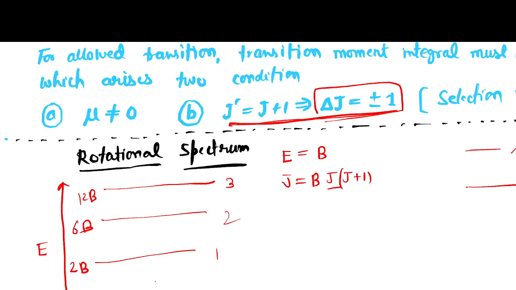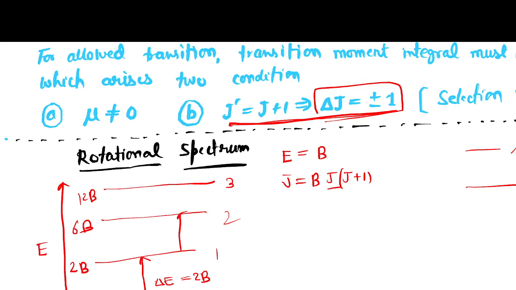So let's say a transition is happening from 0 to 1. What will be the energy difference delta E here? 2B. And let's say because of this transition we get a line, so we are plotting intensity I versus energy in centimeter inverse. Because of the transition from J equal to 0 to J equal to 1, we got a line. Because of the transition from 1 to 2, again we got a line.